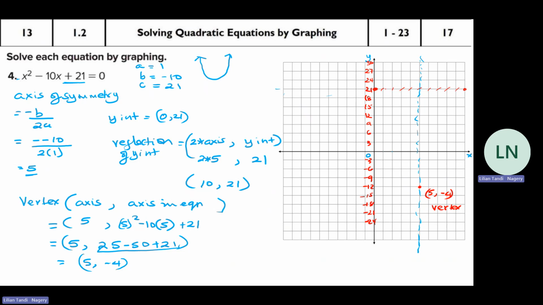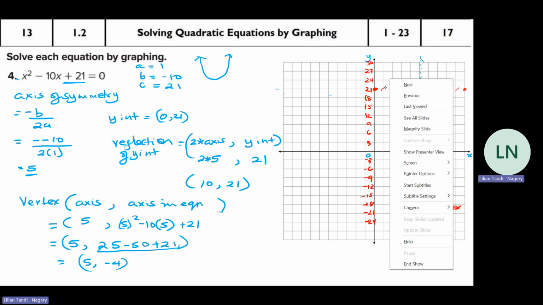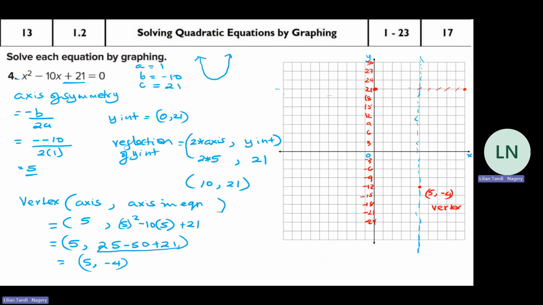Okay, so that's how you plot. After you do that, choose the graph that looks like that. Those are the important points that you need to have. If it matches these 3 points together with the axis of symmetry, so it matches all the 4 parts, then that's the graph you choose. Should be something like that.